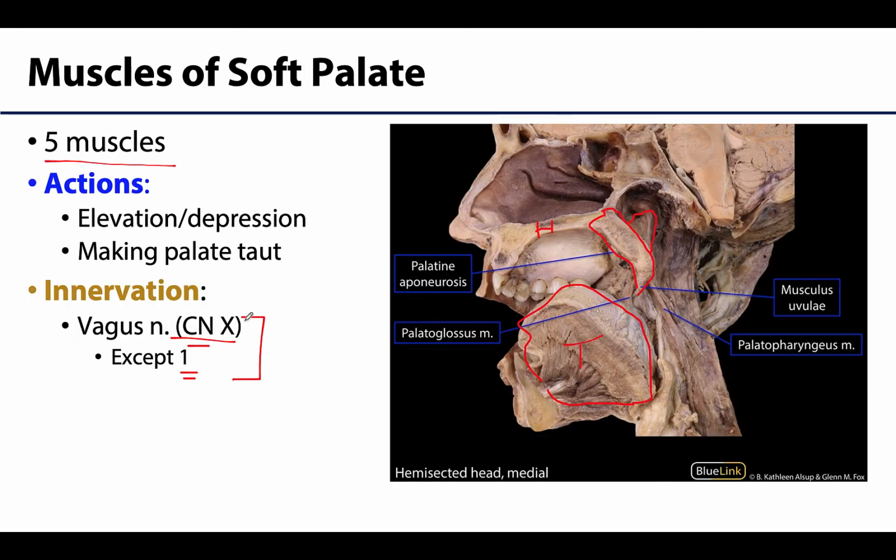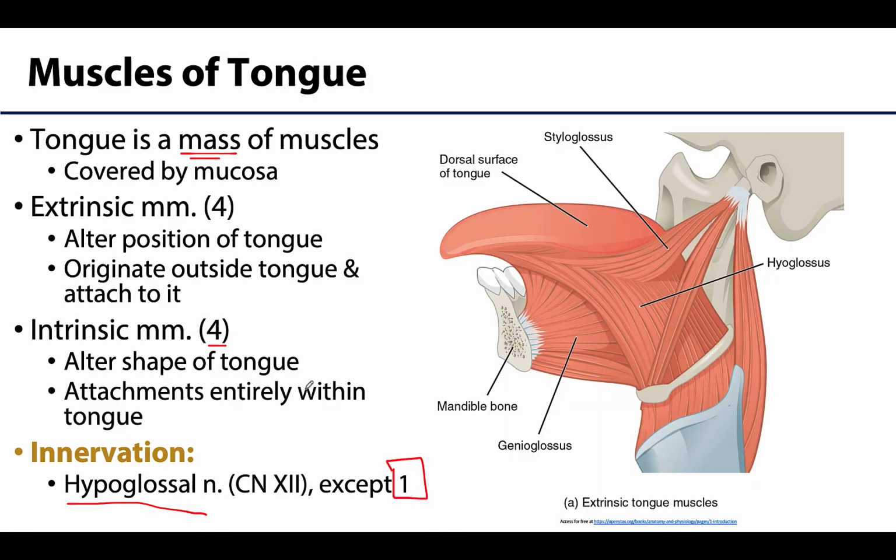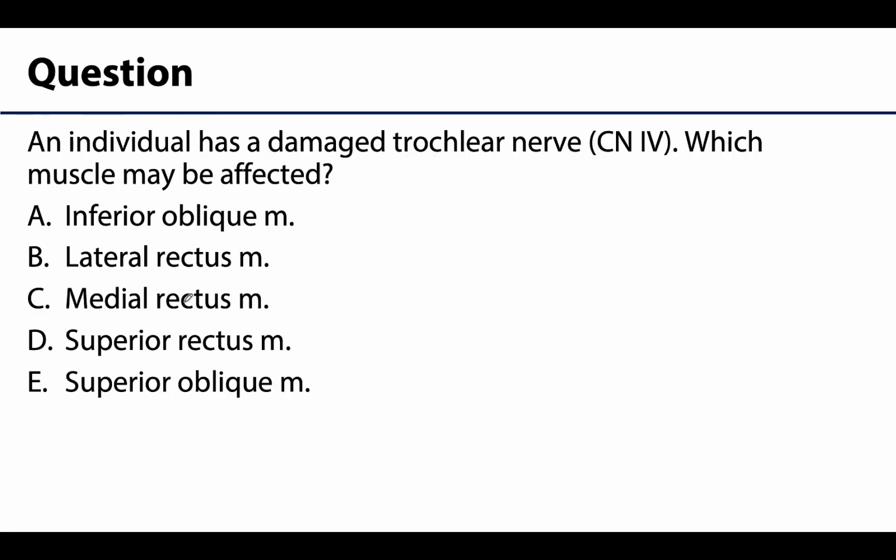I don't want you to memorize the muscles of the soft palate, but I do want you to know the basics regarding all those muscles. Same thing for the muscles of the tongue. But if I did have any details on this side or my text portion, do make sure that you are familiar with those. So let's go over a question together.